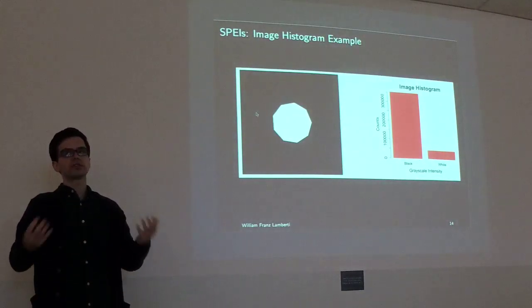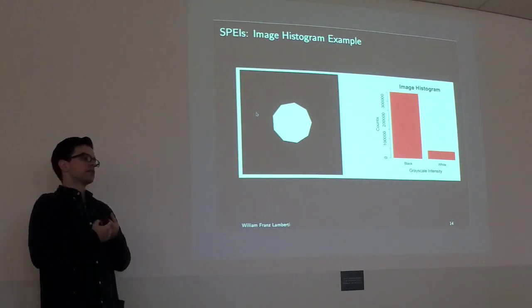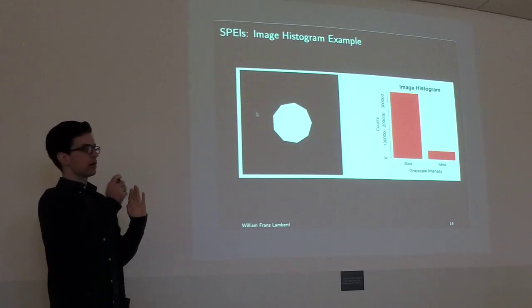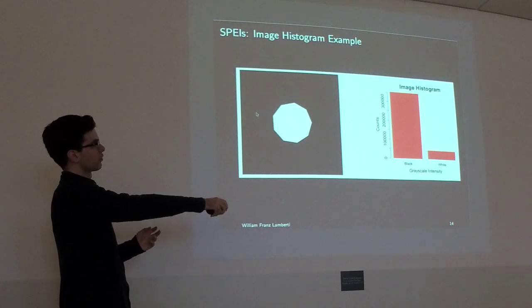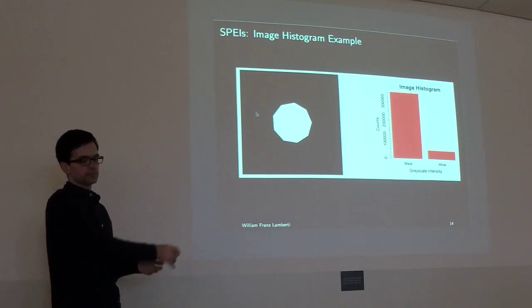And so here's another example to describe what's going on with a SPEI. Here's the original image of a polygon, and over here are the black pixel counts and the white pixel counts.